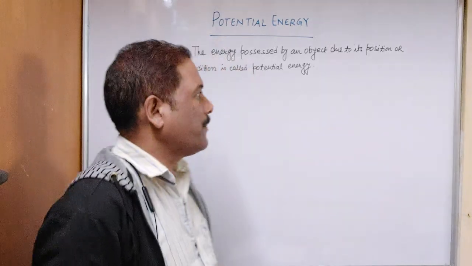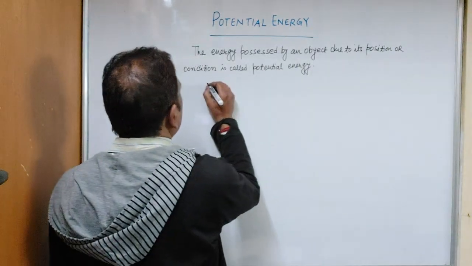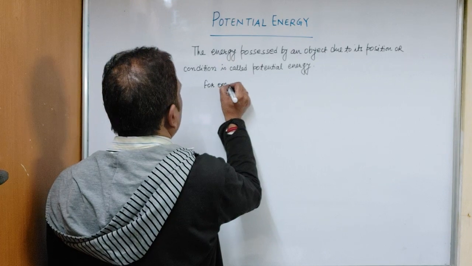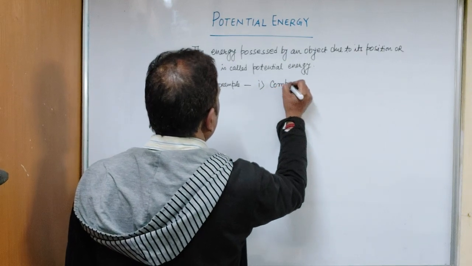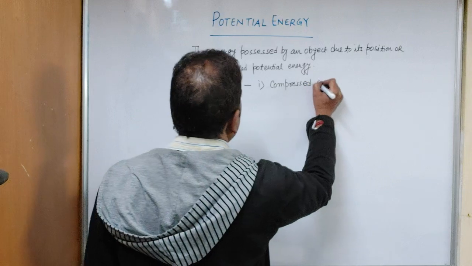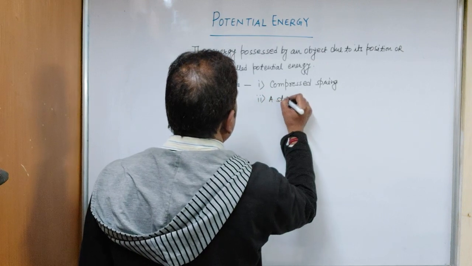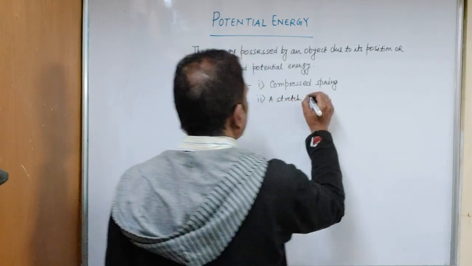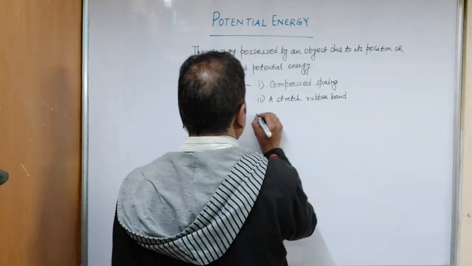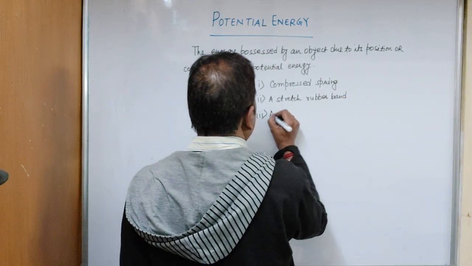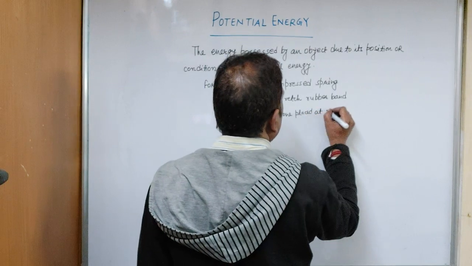Write 2-3 examples: a compressed spring, a stretched rubber band, a stone placed at some height.